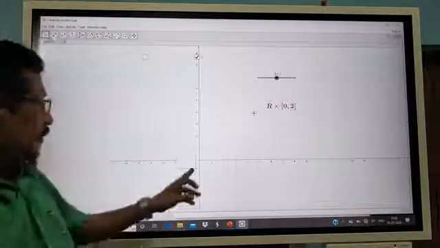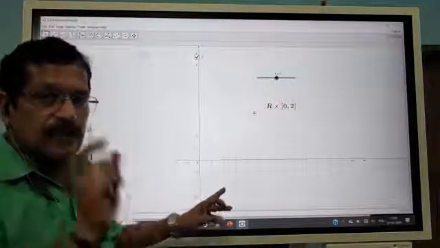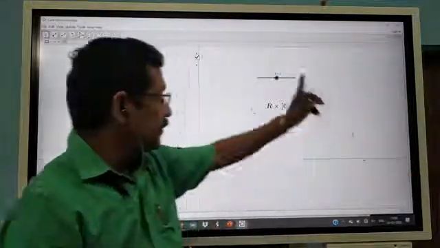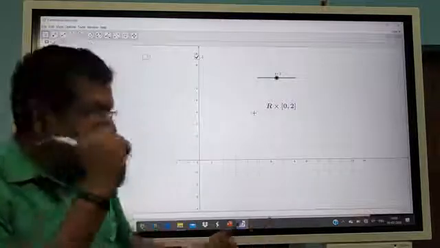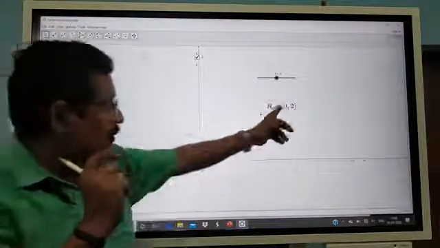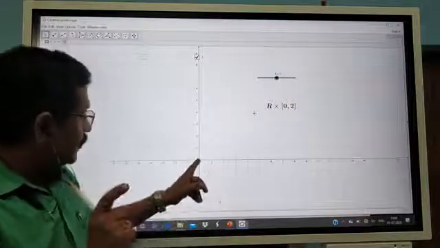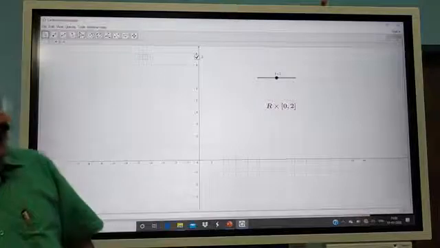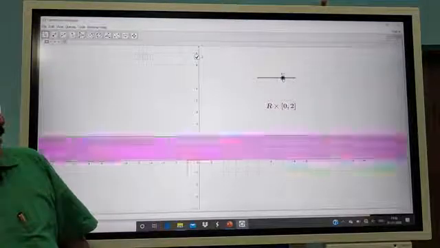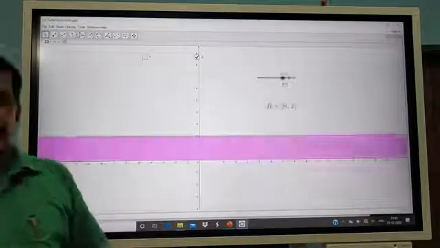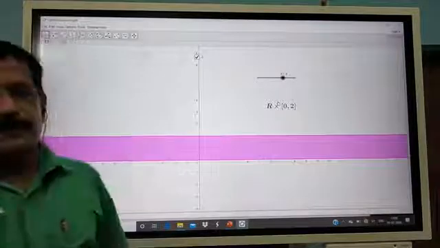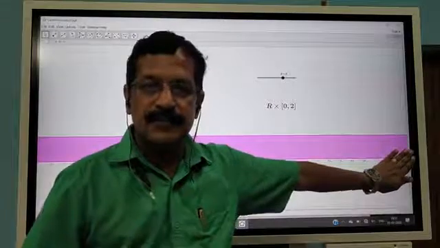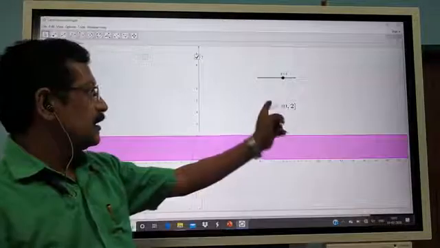It means that the x coordinate or first component are elements of this real line, and the second component are elements of the closed interval [0, 2], meaning from 0 to 2. What will be that? That will be the strip. This pink color strip. All the points in this colored region will be a point on the Cartesian product R cross [0, 2].